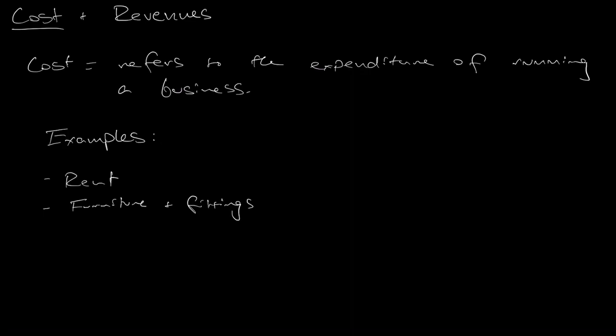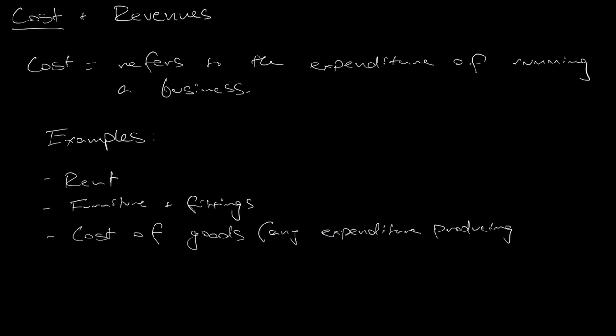We'd also have the cost of goods, which really just pertains to any expenditure in producing your product. And that's going to mean different things for different businesses, depending on whether you are a trading business, a retail business, or a service-based business.